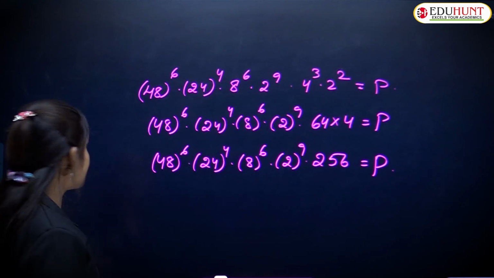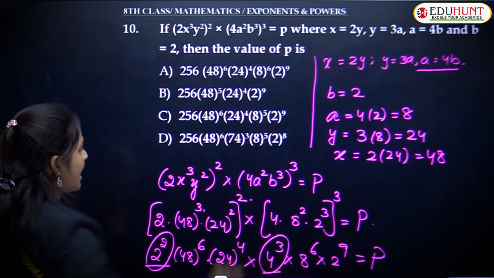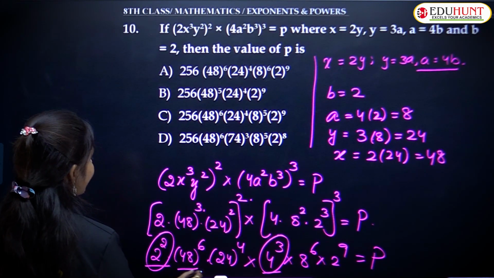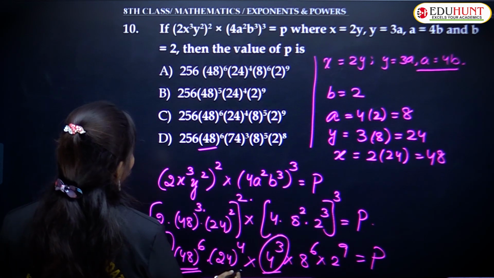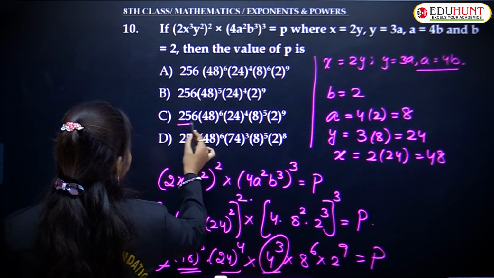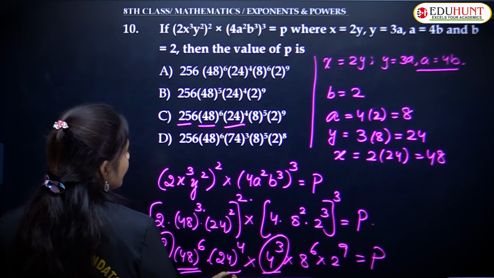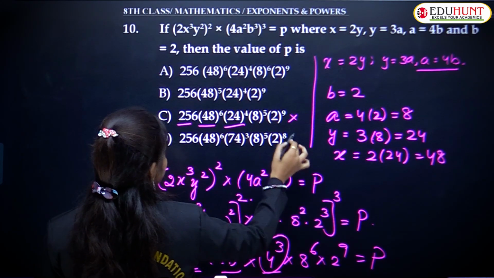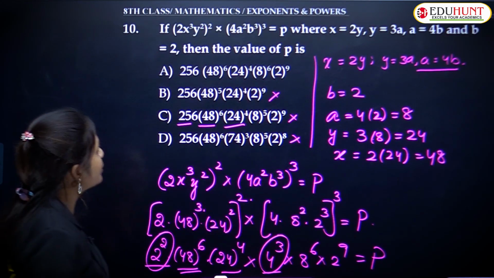So the same option is there or not, see here, p is equal to 256, all the options are having 256, so leave that. Next 48 power 6, next 24 power 4, so this option is wrong. Next here 8 power 6, so 8 power 5 is there, so these two options are wrong, and here 48 power 5 is there, so this option also wrong.